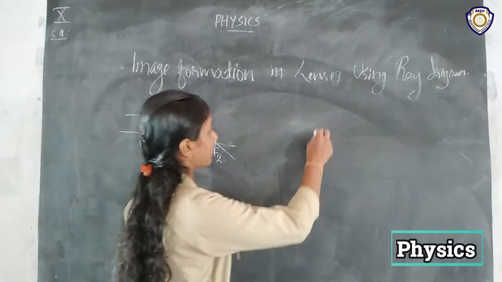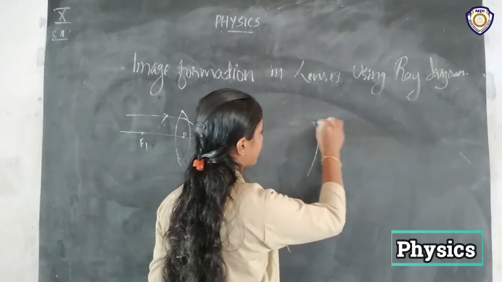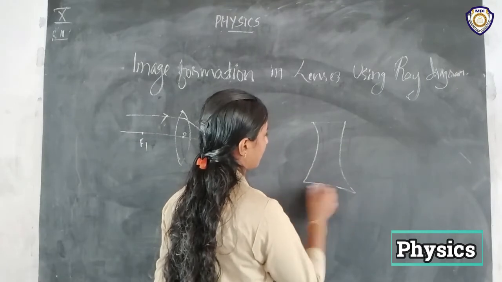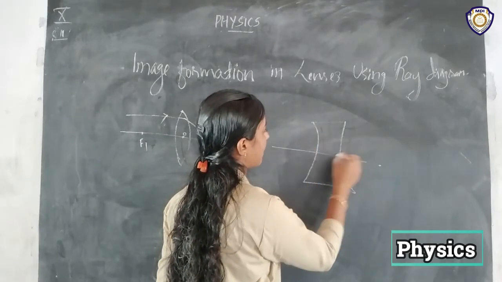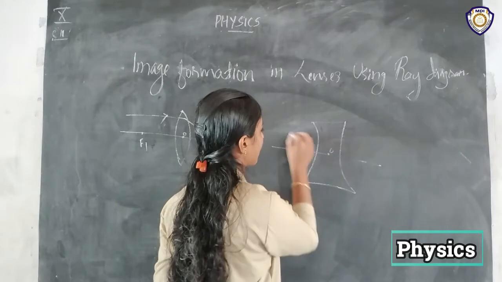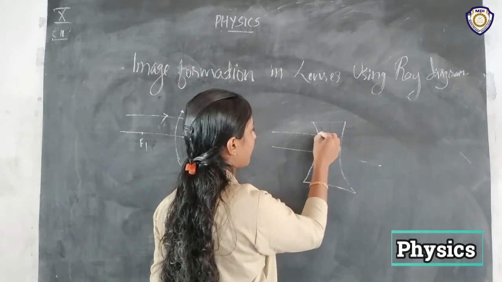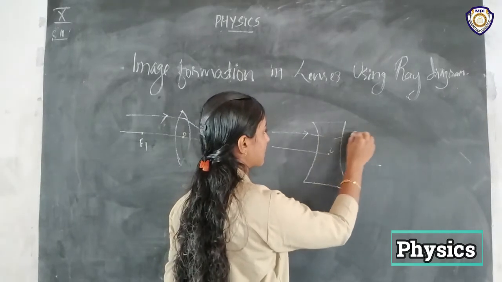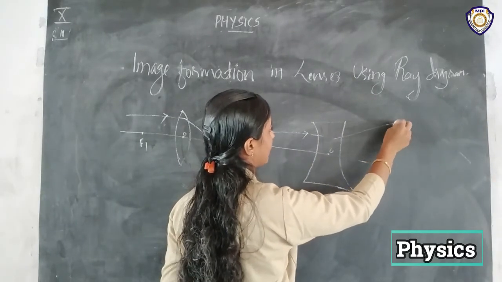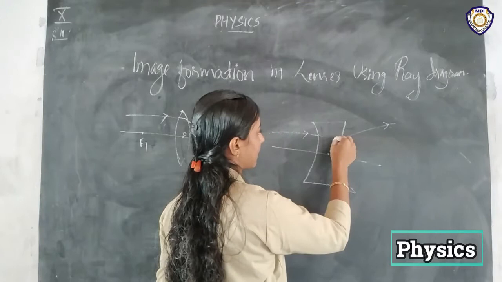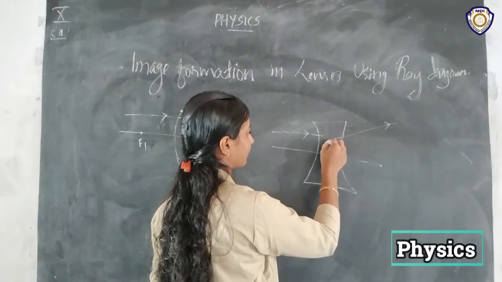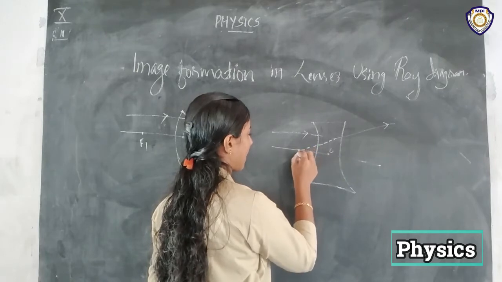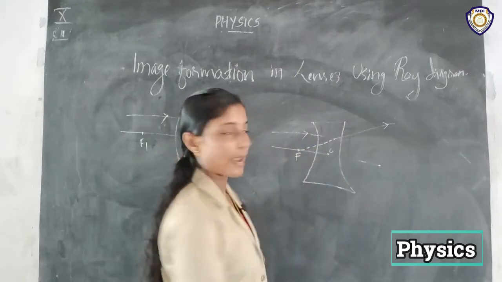But in the case of a concave lens, what happens? This is the principal axis and this is the center. When a light ray passes parallel to the principal axis, after refraction it diverges, and it appears to come from the principal focus on the same side.